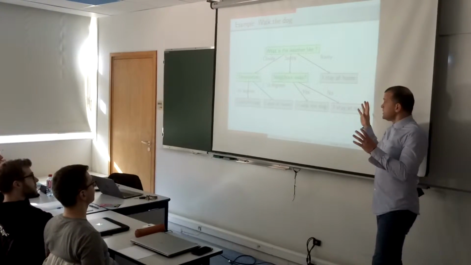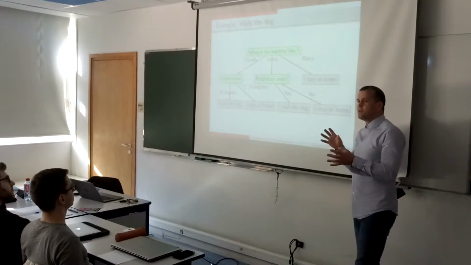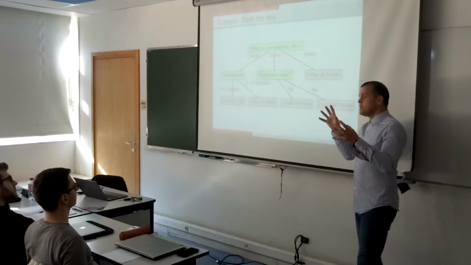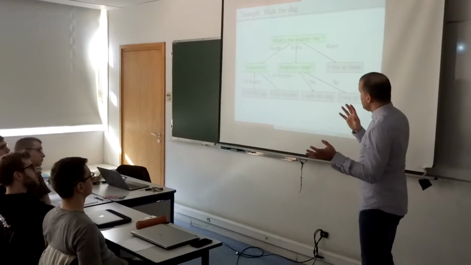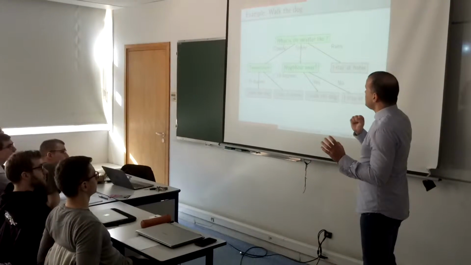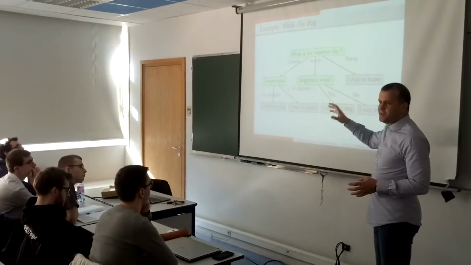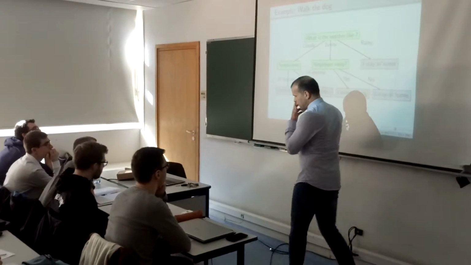But this tree has been built by a human brain, not by a computer. We are computer scientists here, and we would like to develop the same decision tree automatically. We have to learn this kind of decision tree.